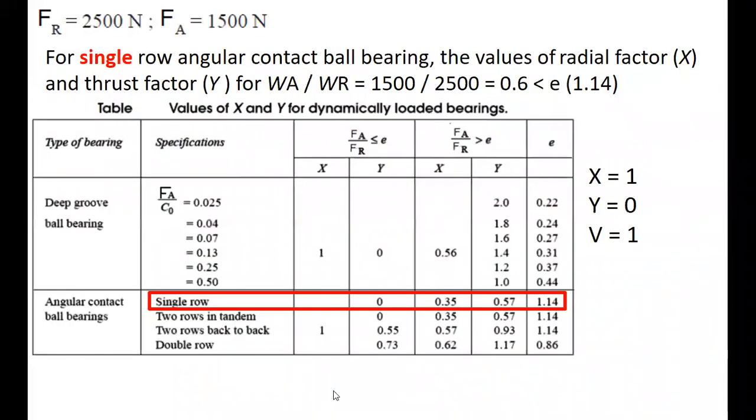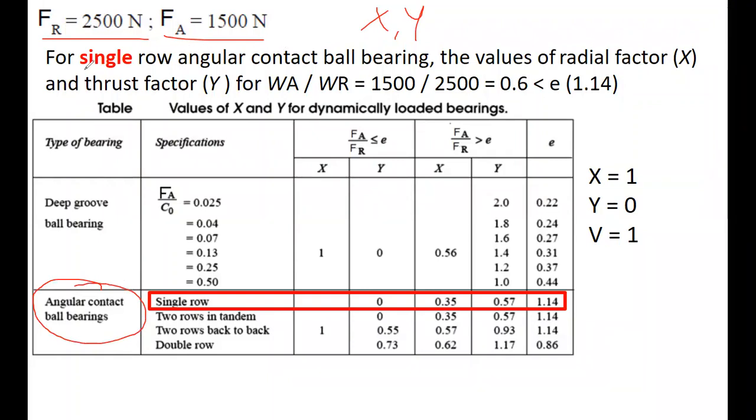FA is given, FR is given, right? You can see FR is 2500, FA is given, but X and Y values are not given. So to find X and Y values, you are going to refer to the table of values of X and Y for dynamically loaded bearings in your design data book. This time we are going to see angular contact ball bearings.